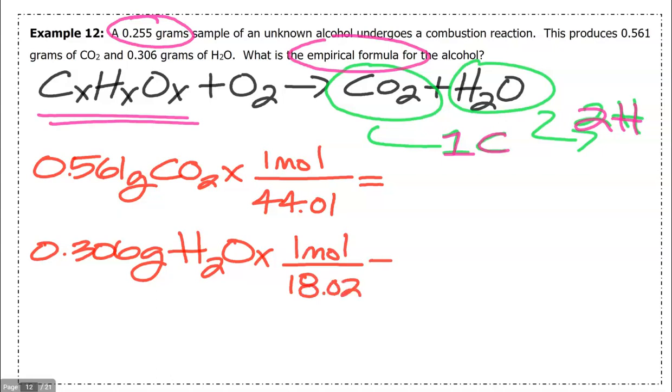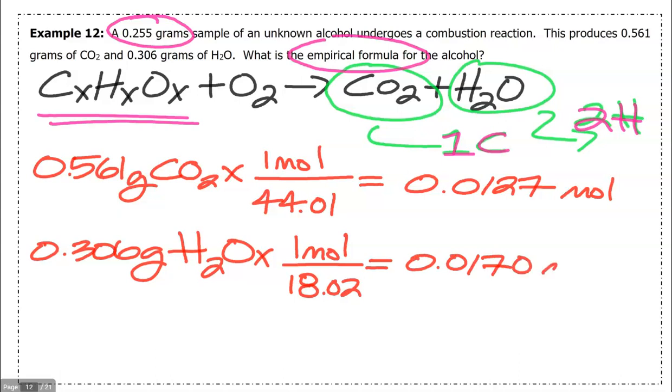So again, standard stuff, and there we go. We're going to run this through a calculator, and we're going to get 0.0127. You can run it through a calculator, but that's what you're going to get with 3 sig figs. Then we're going to do the same thing down here, and we're going to get 0.0170 moles.